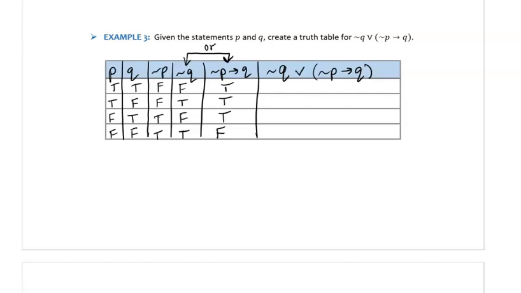Or statements are only false when both parts are false. And here I don't have a case where both parts are false, which means that this will be true in all cases. Just as a side note, if all final truth values are true for a statement, then that statement is called a tautology.